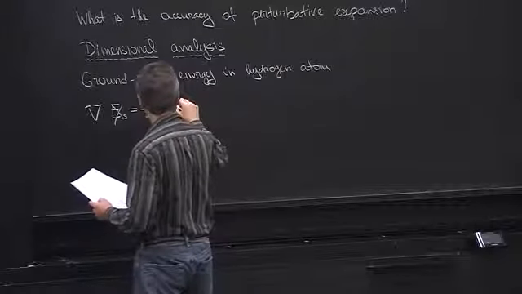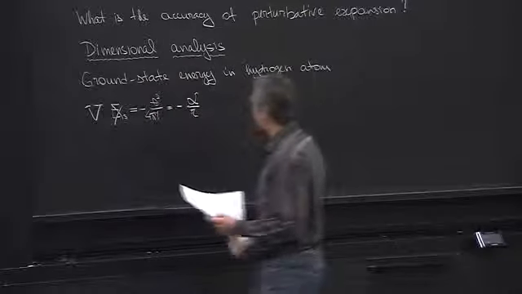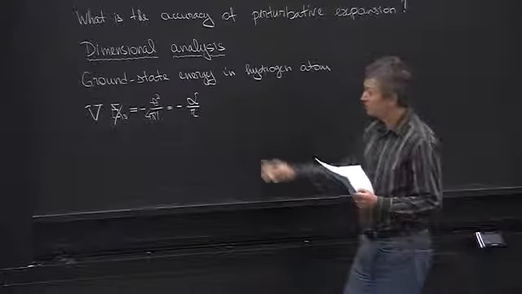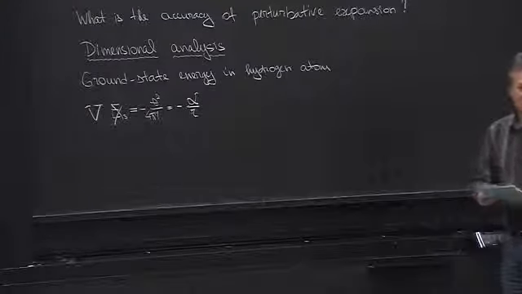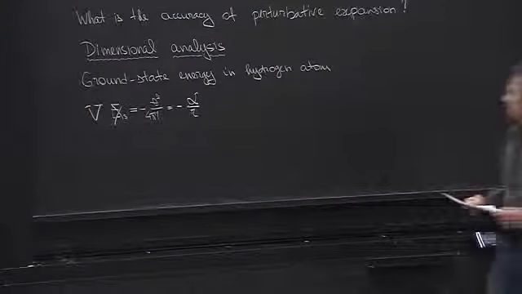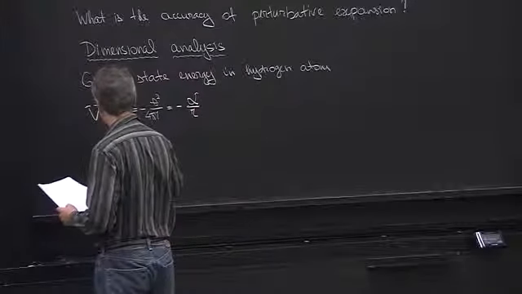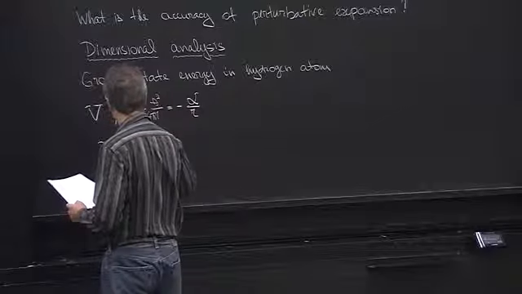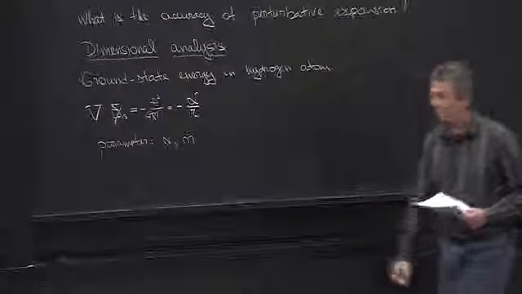So this is equal to simply minus alpha divided by r. So we want to solve the Schrödinger equation with this potential. And so what are the parameters in the Schrödinger equation? Well, one parameter is alpha. And the other parameter is electron mass. And there are no other parameters.